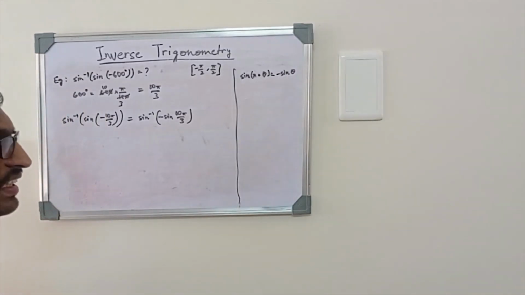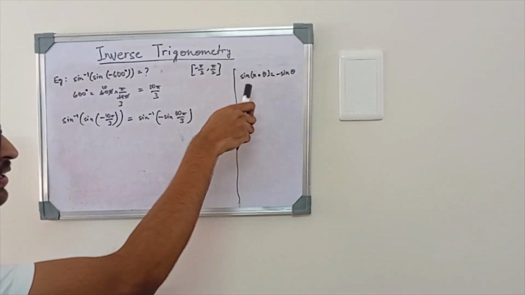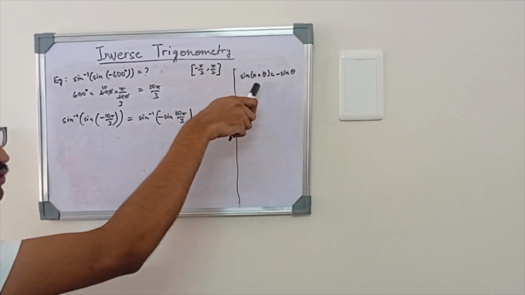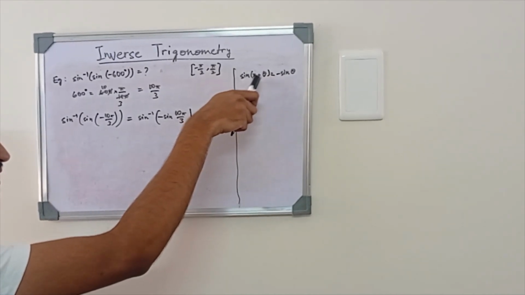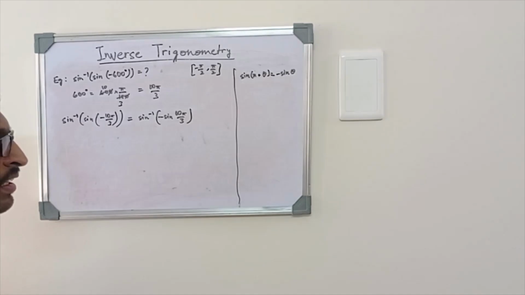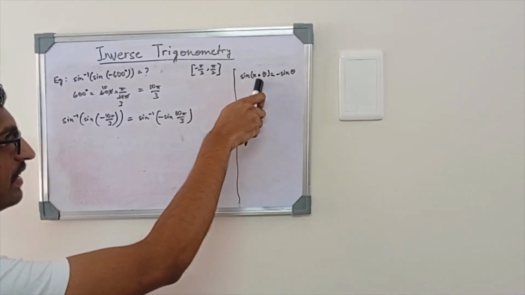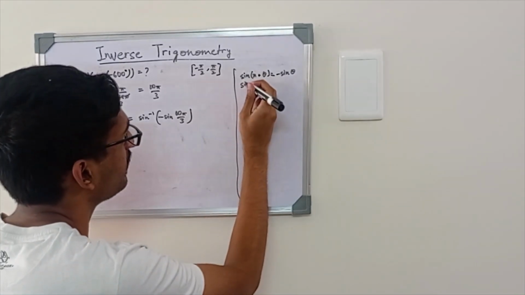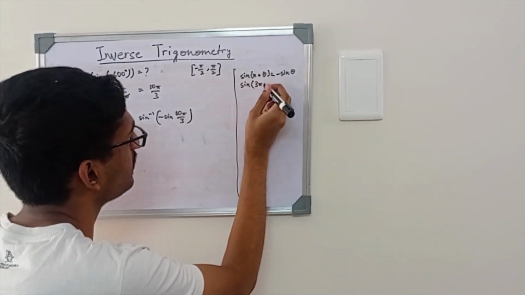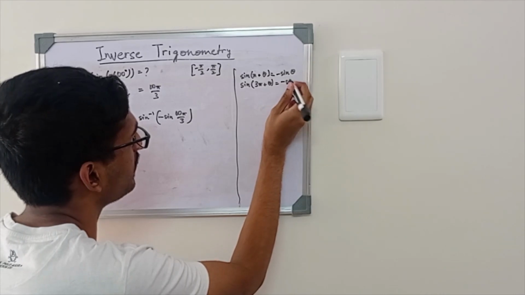And now since sine is a periodic function whose period is 2 pi, that means we can add any multiple of 2 pi to the argument on either side of this expression, and the identity will still hold. So if we add 2 pi over here to this side, we end up getting the identity sine of 3 pi plus theta is equal to minus sine theta.